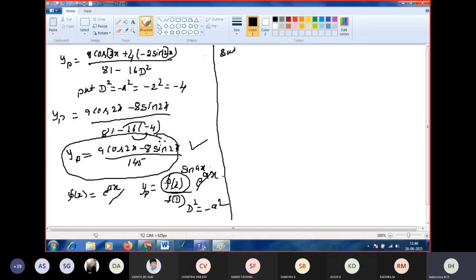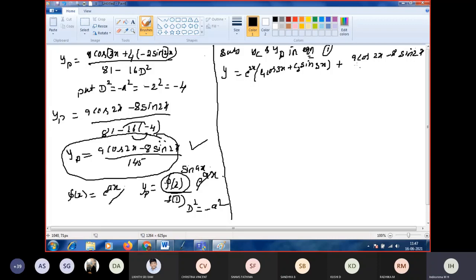Therefore, our general solution y becomes, what is yc we got? e to the power of 2x into C1 cos 3x plus C2 sin 3x, plus yp, which is 9 cos 2x minus 8 sin 2x divided by 145. Correct? Is it clear?